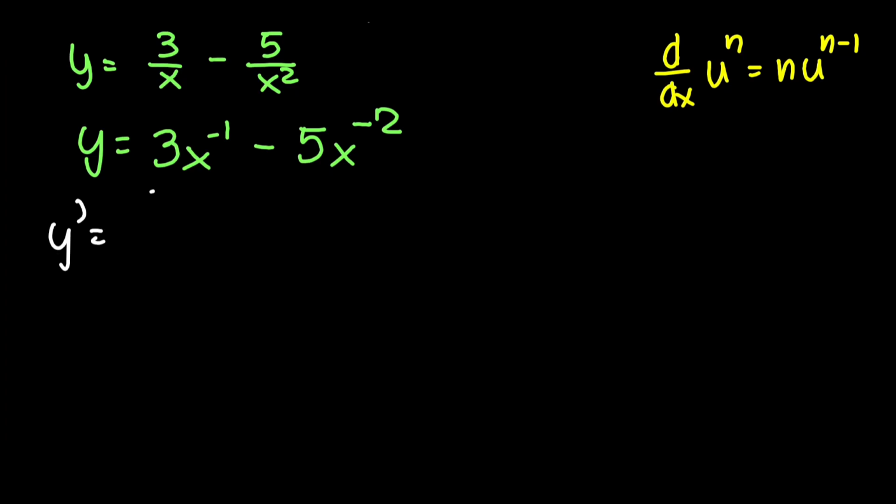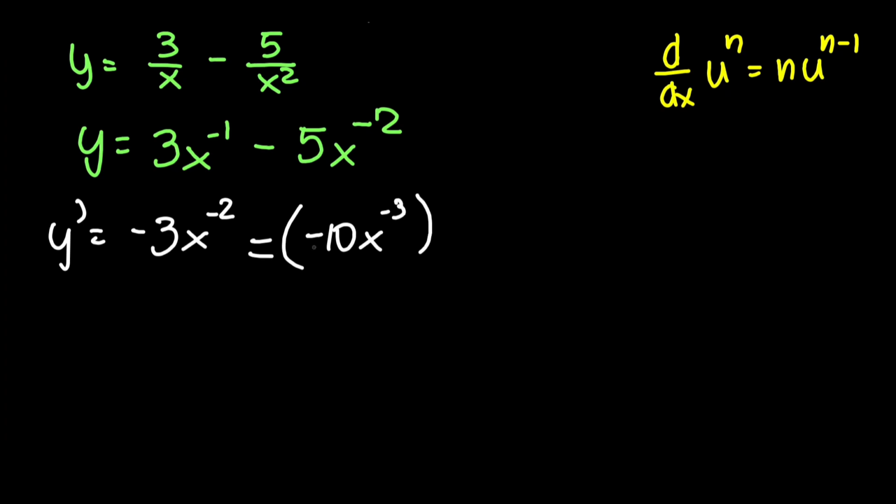Taking the derivative of this one, 3 multiplied by negative 1 would be equal to negative 3x. Negative 1 minus 1 would result in negative 2, minus, let's put a parenthesis which would represent the derivative of this, 5 multiplied by negative 2 would be equal to negative 10x. Negative 2 minus 1 would be equal to negative 3.